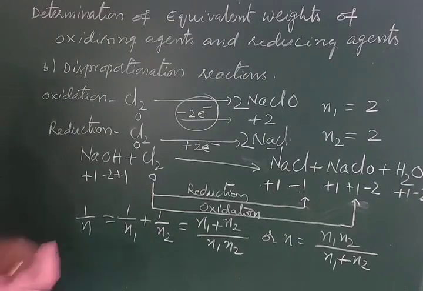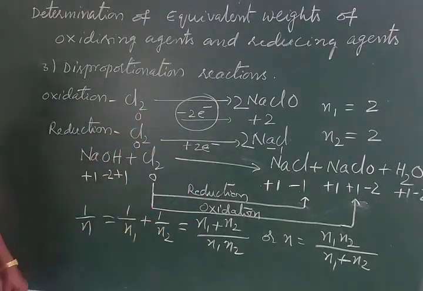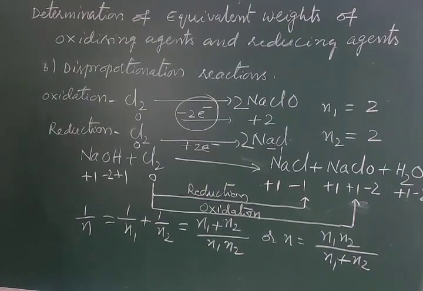So the equivalent weight of chlorine is same as molecular weight of chlorine, that is 71 in this particular reaction. It doesn't mean that the equivalent weight of chlorine is always 71. It depends upon the nature of reaction. It depends upon the electrons gained or lost.